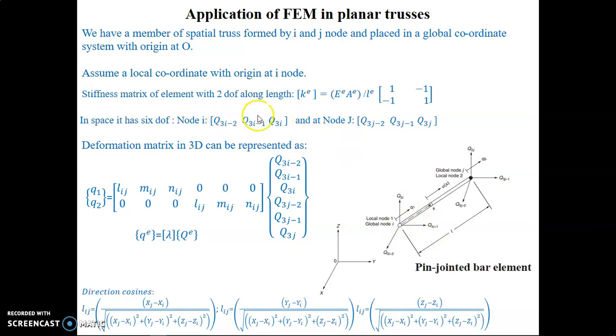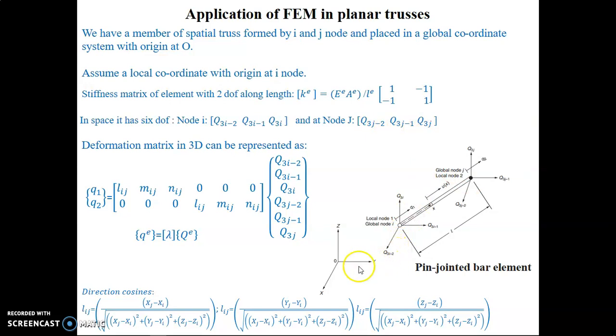These are the displacements of the ith node in the three directions. Similarly, at the jth node, we have q3j minus 2, q3j minus 1, and q3j, the deformation of this node along the x, y, and z directions.